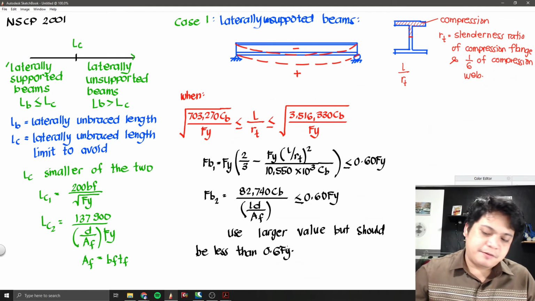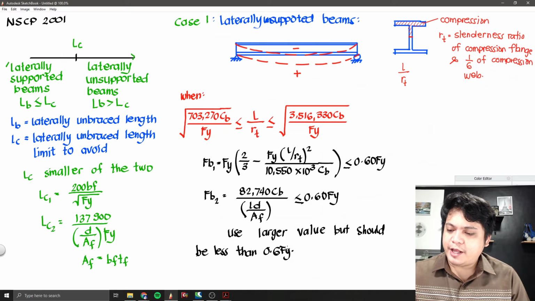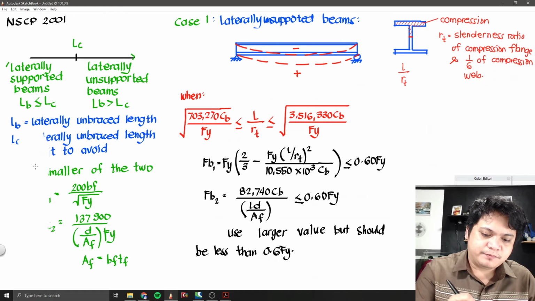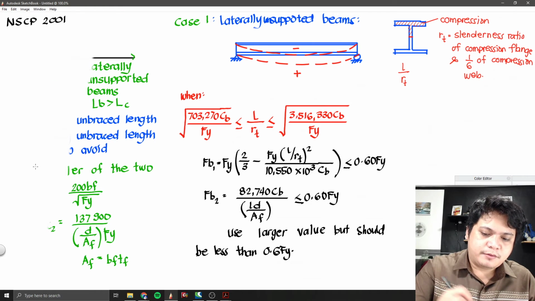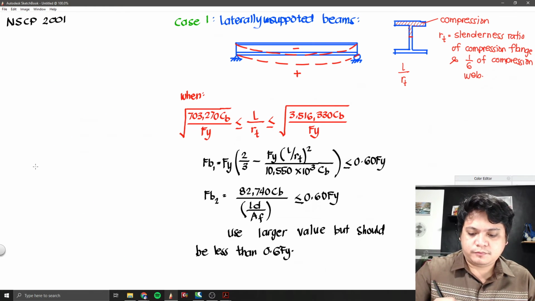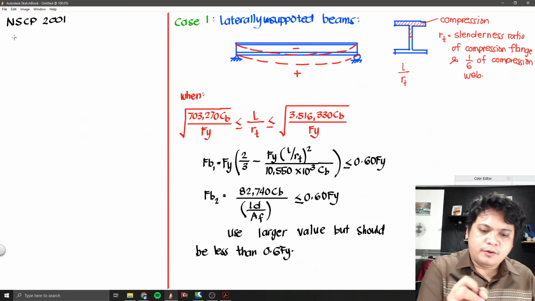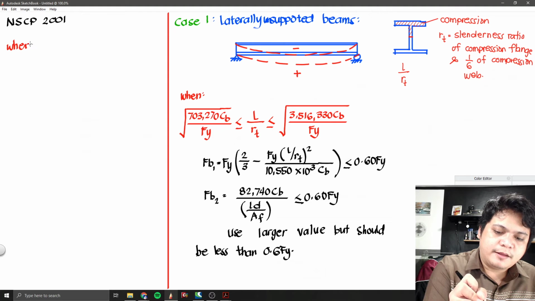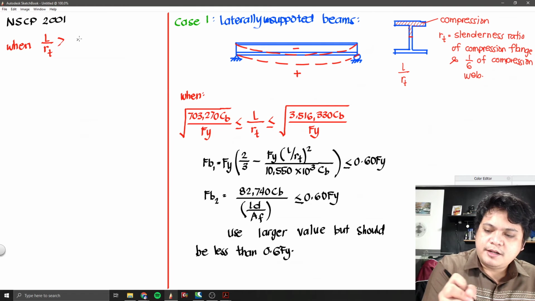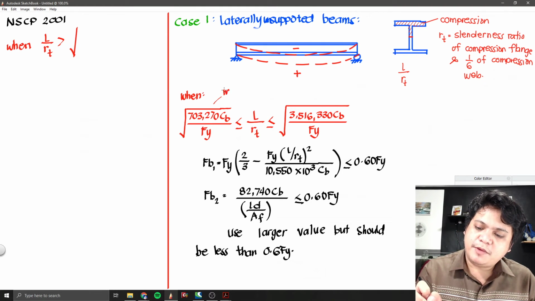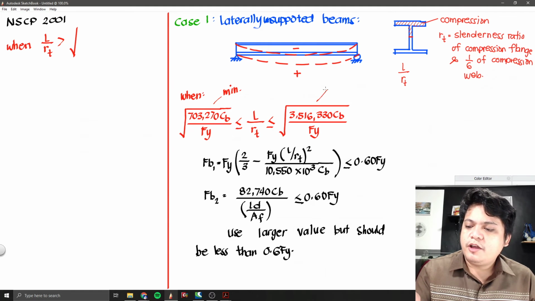Now, when L over RT exceeds our upper limit, again, this is the minimum slenderness ratio and this is the maximum slenderness ratio.